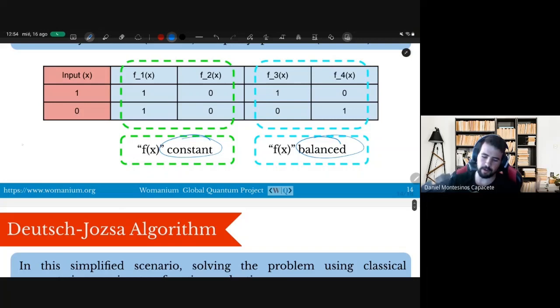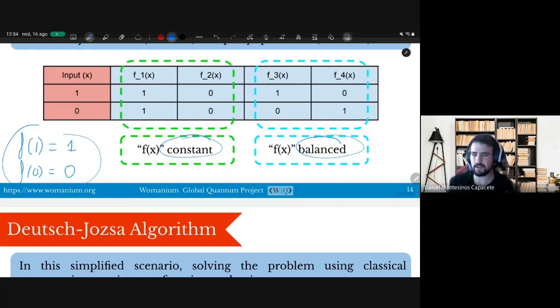Because if, for example, you have a function and I say, okay, give me this value, I give you 1, for example. All right, and now give me this value, 0. All right, so now I know that it's balanced, right? That's a really simple example, but classically you have to call the function 2 times in order to know whether it's balanced or constant, right?